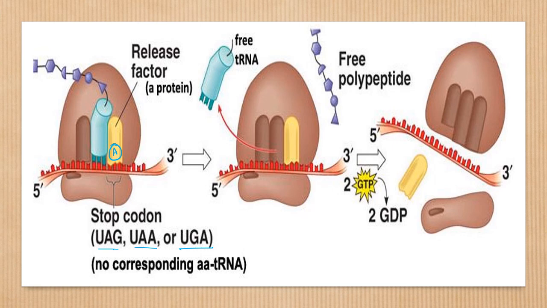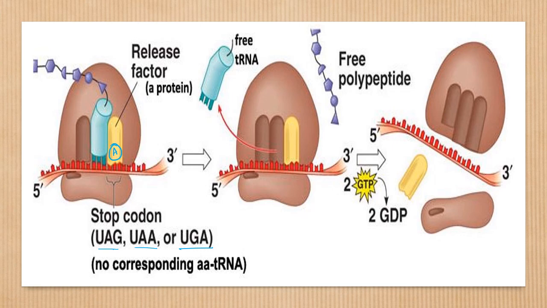But due to the presence of the stop codon at site A, it alters the function of that enzyme. So instead of a bond between the carboxylic group and amino group, it forms the bond between a water molecule and the carboxylic group.